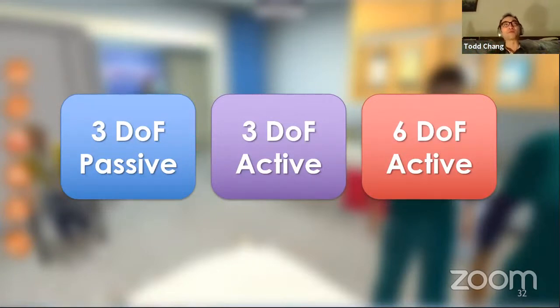Well, okay, maybe not run, but walk around with a 6 degree of freedom active where you could truly interact with the world. And so, of course, the 6 degree of freedom active is more expensive, more fun. And then 3 degree of freedom passive is very, very cheap. The Google Cardboard, you just bring your own phone, and it's in US dollars, it's about $1.